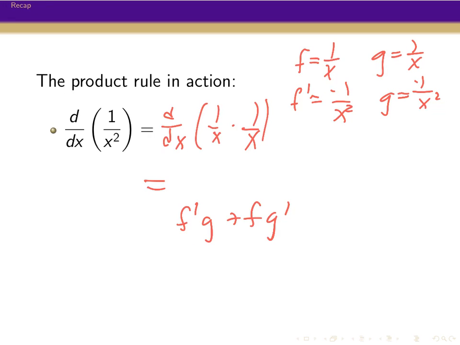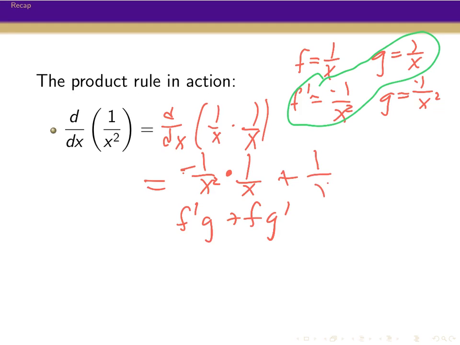And so f prime g: minus 1 over x squared times 1 over x, that's multiplication, plus the other diagonal looks the same, 1 over x times minus 1 over x squared. So that's going to give me minus 1 over x cubed.